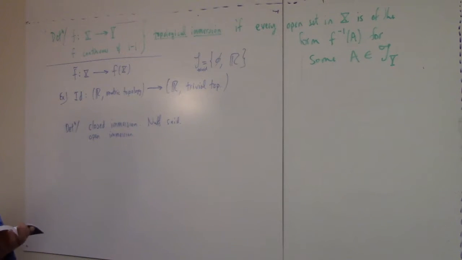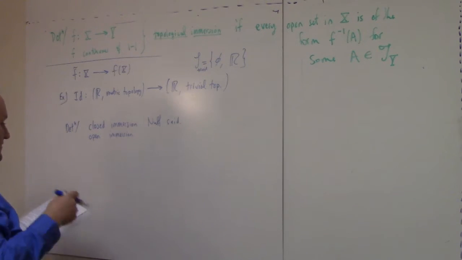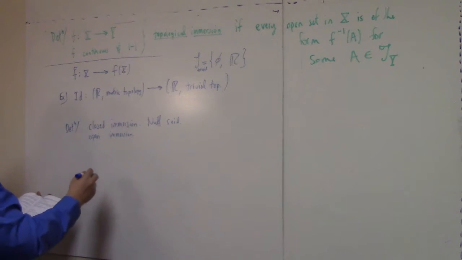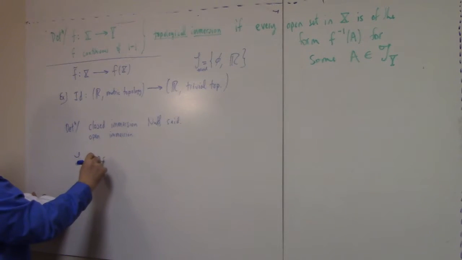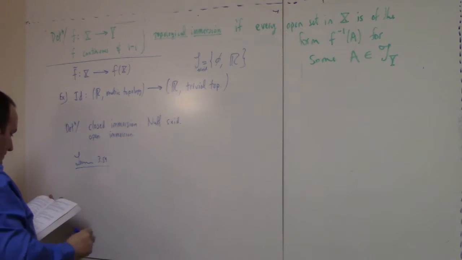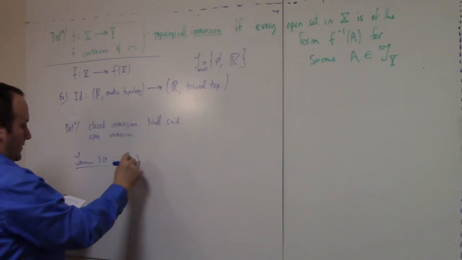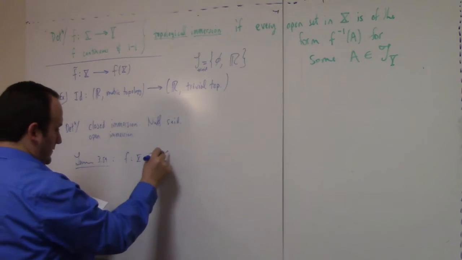He has a little lemma here, which relates closed immersions and open immersions to a couple of simple conditions. This is Lemma 3.59. Let F from X to Y be continuous.